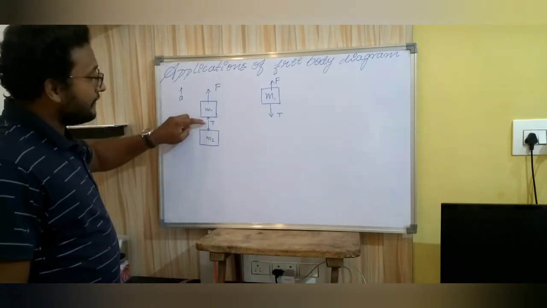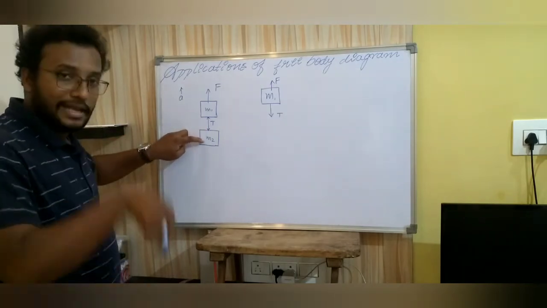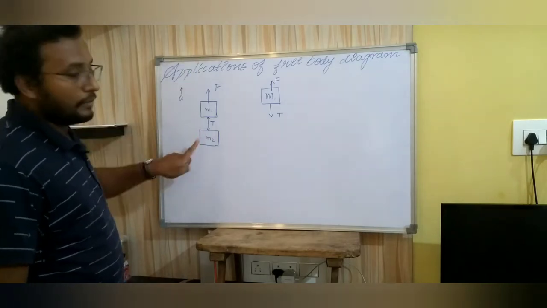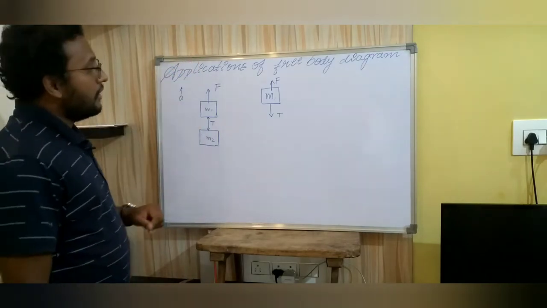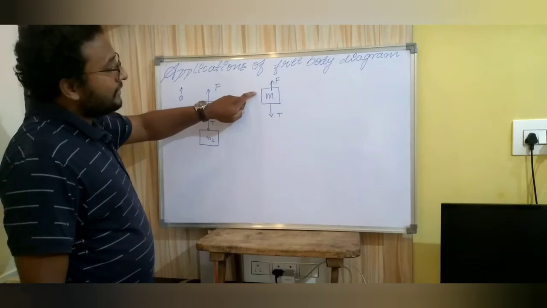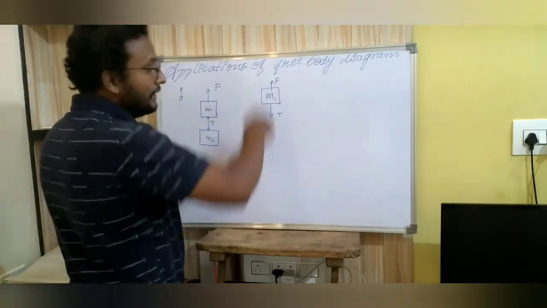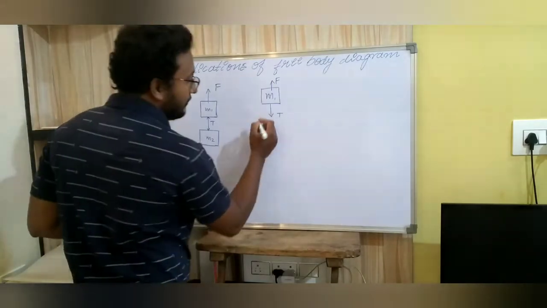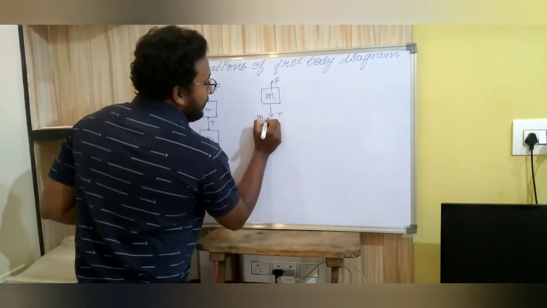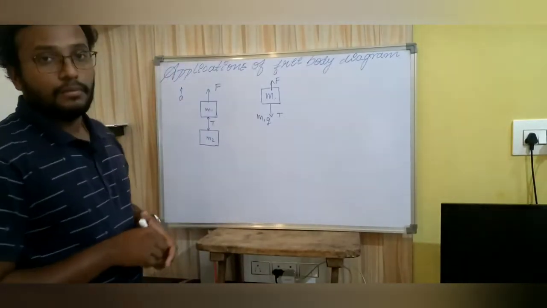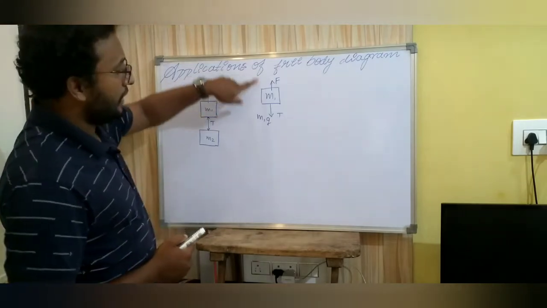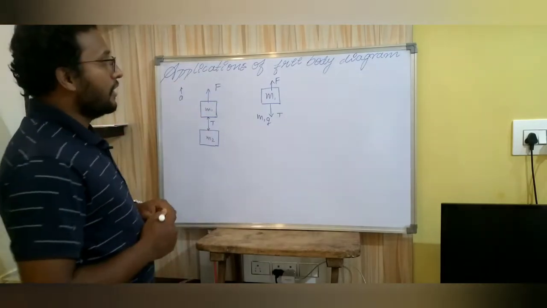Similarly, the tension in the string acting on M2 is always away from M2, in the upward direction. Therefore, on M1 the tension is in the downward direction, and M1 into G, the weight of the object, is also acting downward.